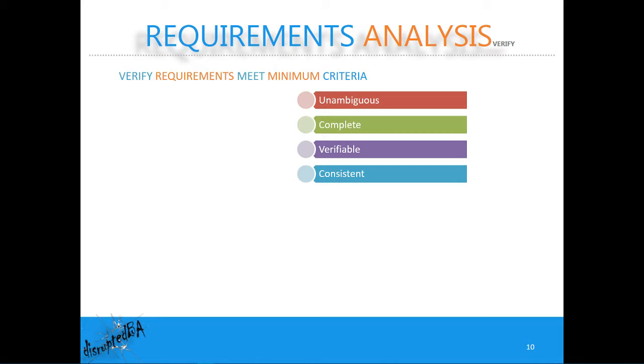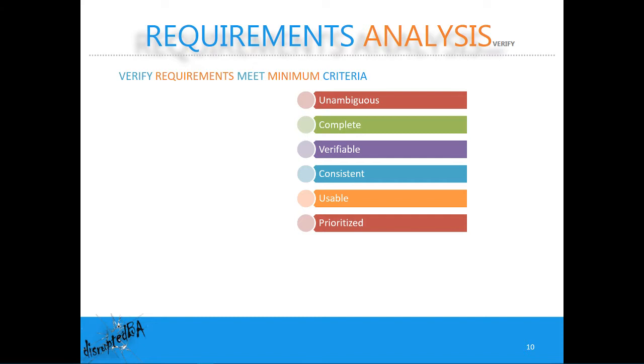It must be consistent. It should be usable or feasible within the context of the system, and it should add value to the process. It's obvious that if you have a requirement that's not usable, it's null and void. But don't take it for granted that it is usable. Make sure you test it.